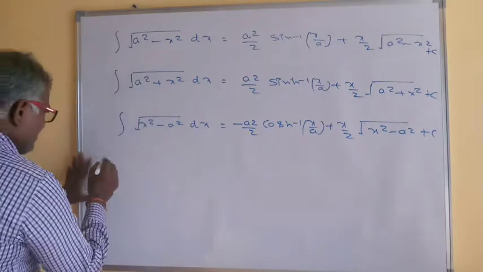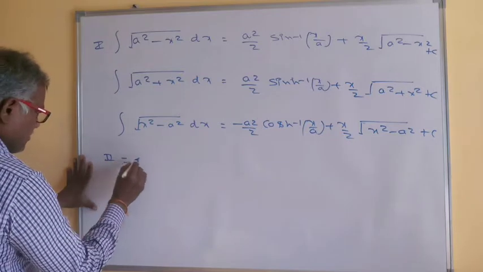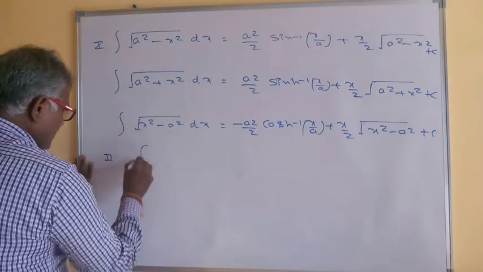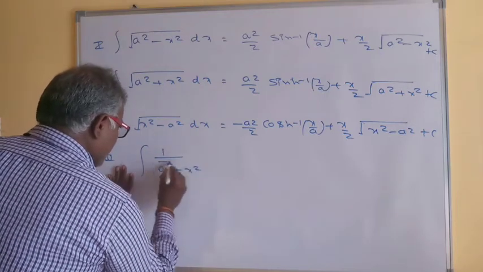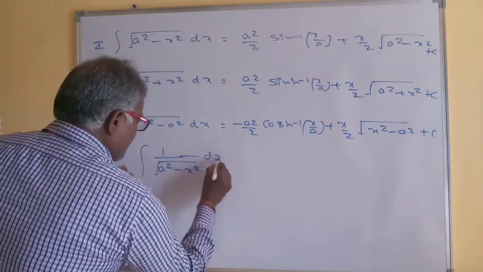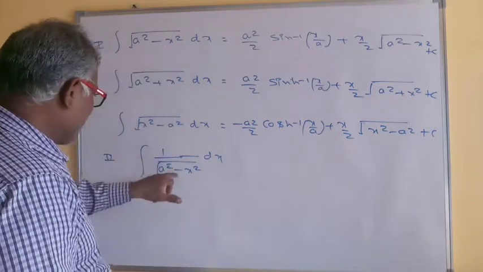Previously, what did we have? 1 by under root, only in the denominator.